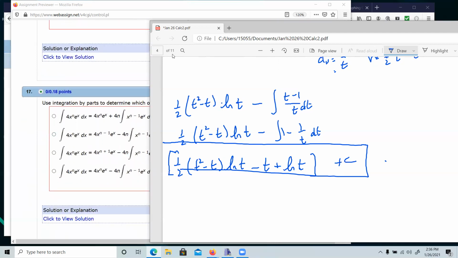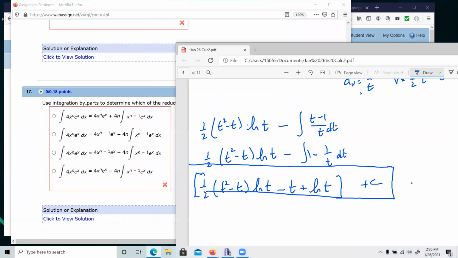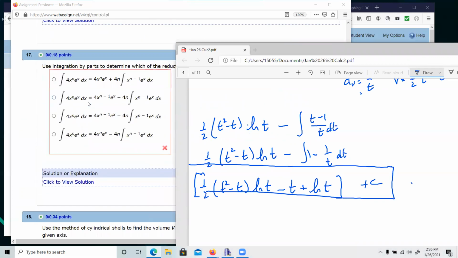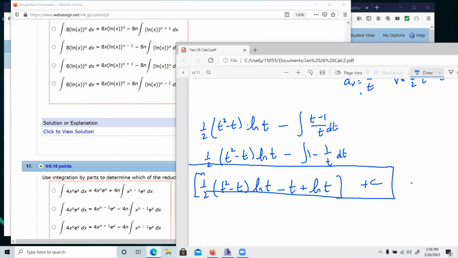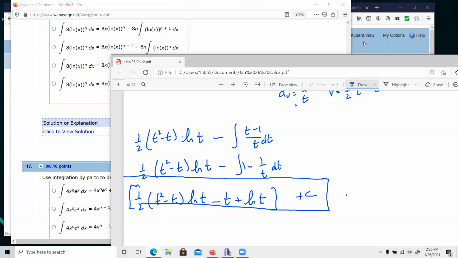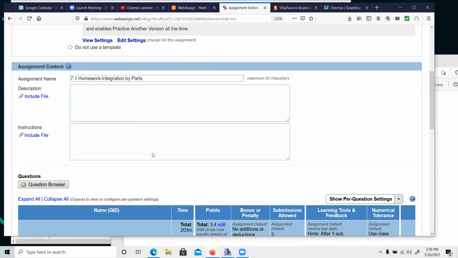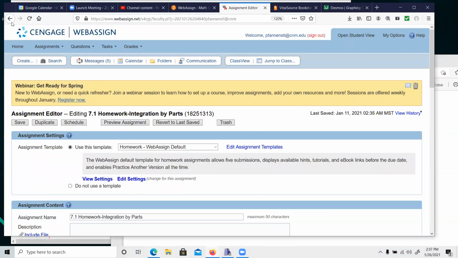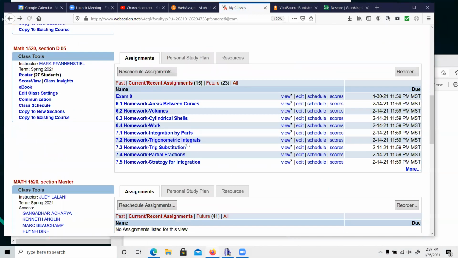All right, so what else are we doing this week? We are doing what's coming up here. Trigonometric integrals tomorrow. Trig substitution, partial fraction.